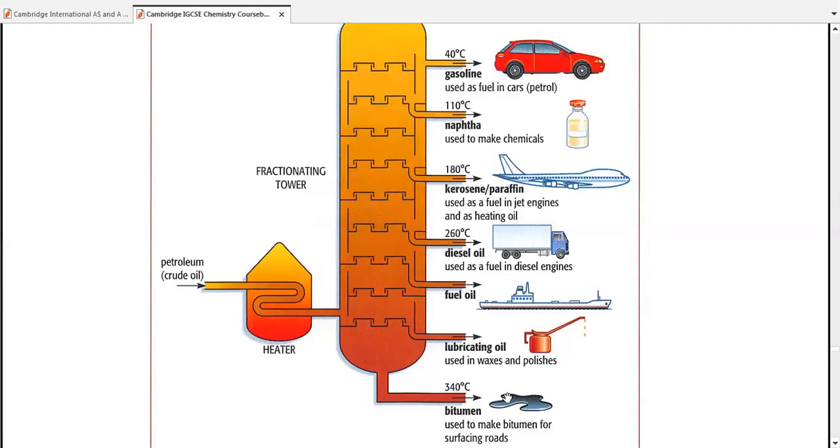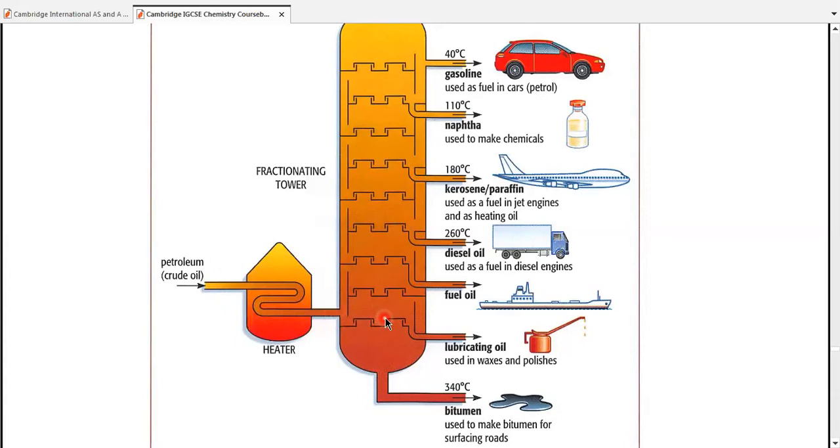Now take a look. Upon taking a keen observation, you would understand that this preheater, let me annotate it with the spotlight, actually moves into the fractionating tower at a specific point.